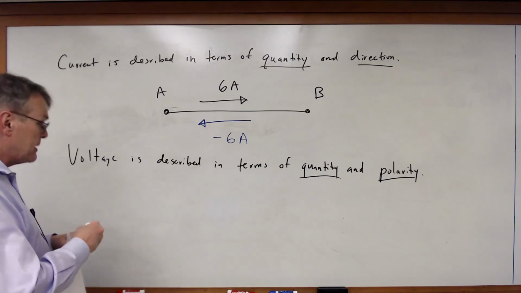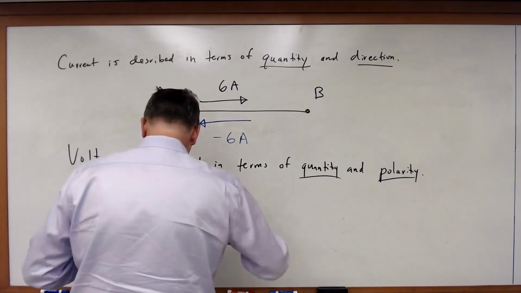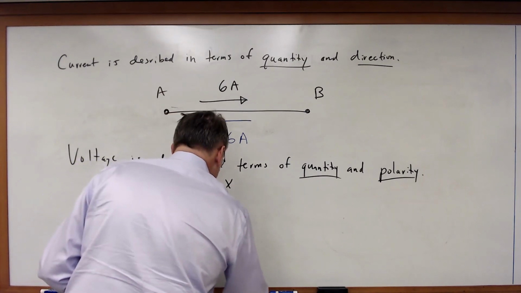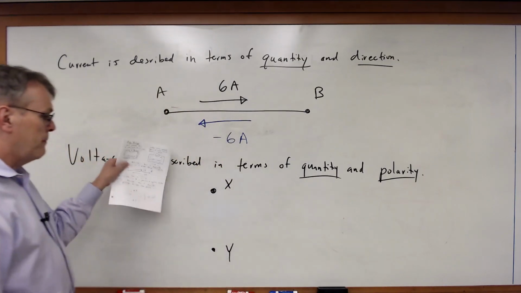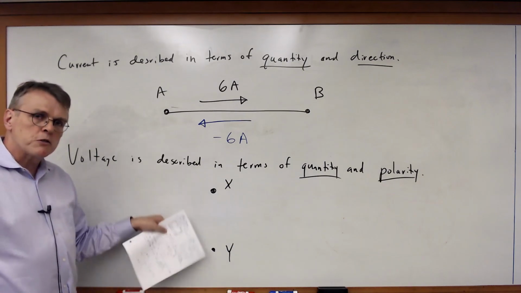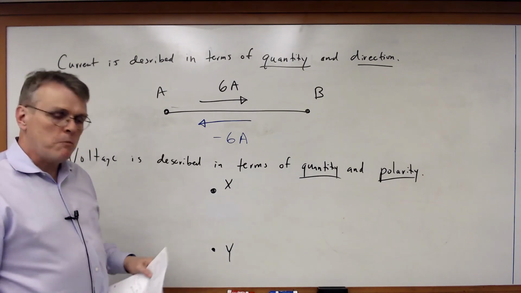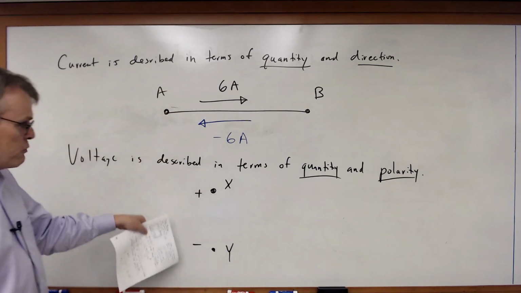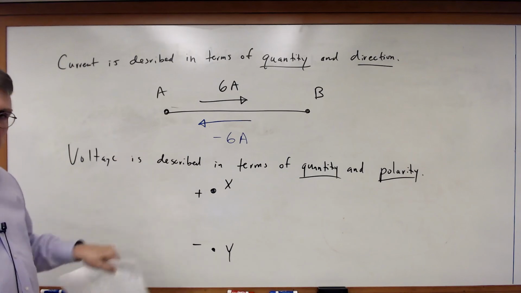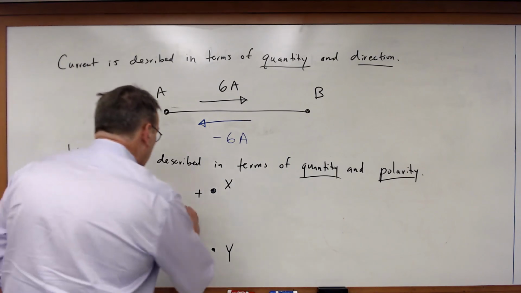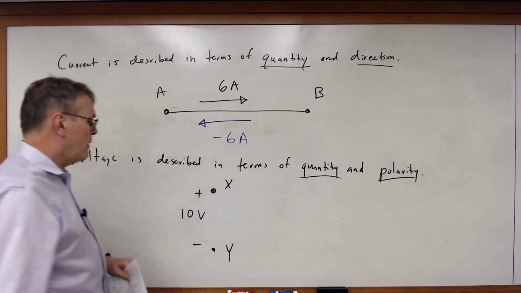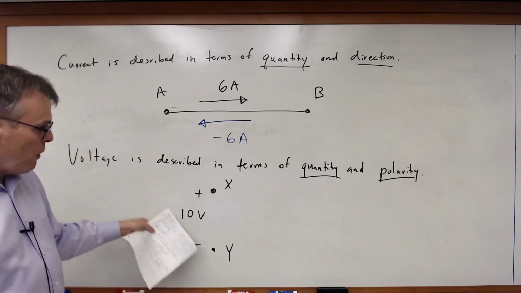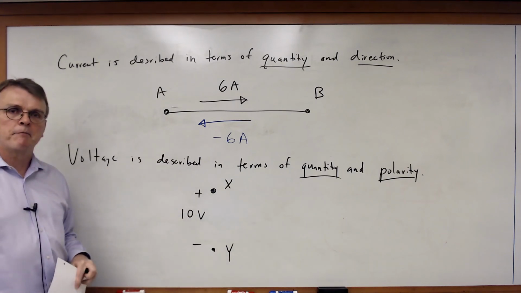Let's look at an example to see how that works. So in this case, let's say I've got 2 points in a circuit, X and Y. I can measure or describe a voltage between those 2 points in the circuit, like so. First, I draw the polarity, positive to negative, between those 2 points. And then a quantity, 10 volts. So I've got 10 volts from X to Y, positive to negative polarity.